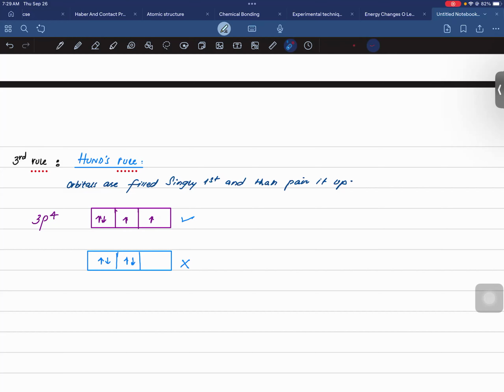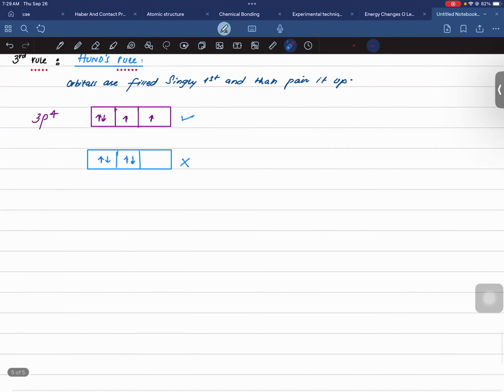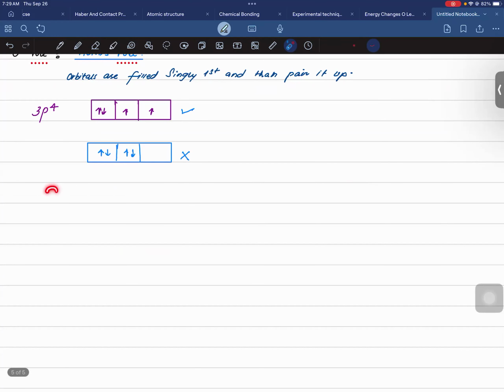Let's suppose I have sulfur whose proton number is 16. That is 1s2, 2s2, 2p6, 3s2 and 3p. And 3p what? 12, and then 12 plus 4. This is 3p4.